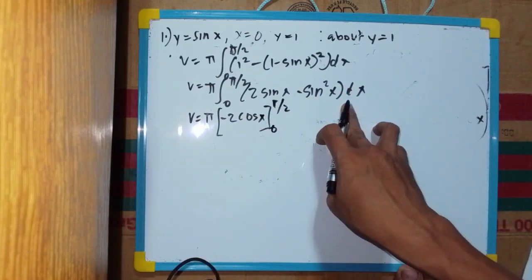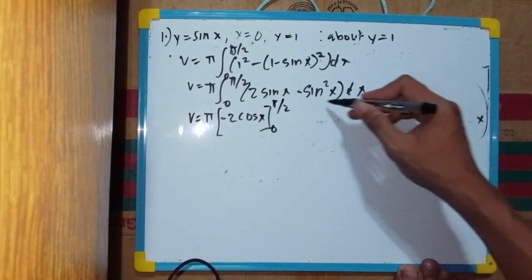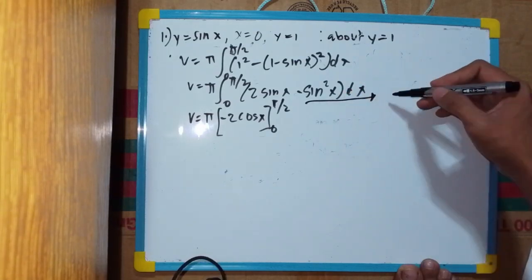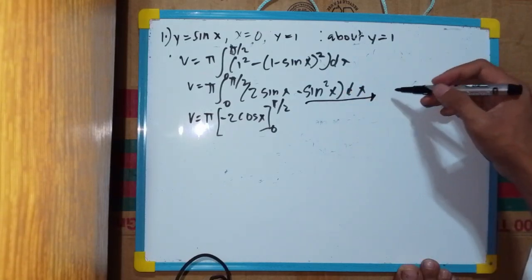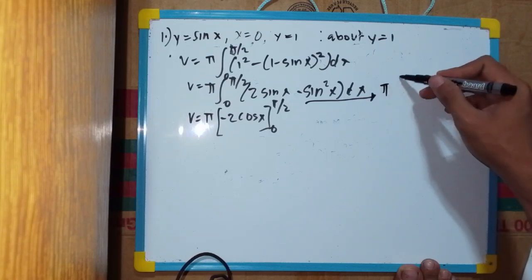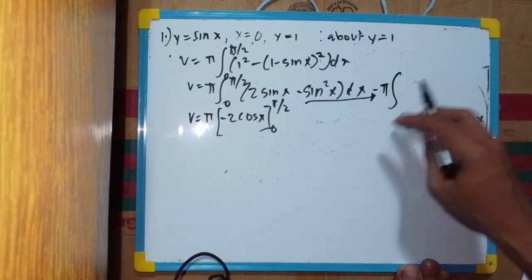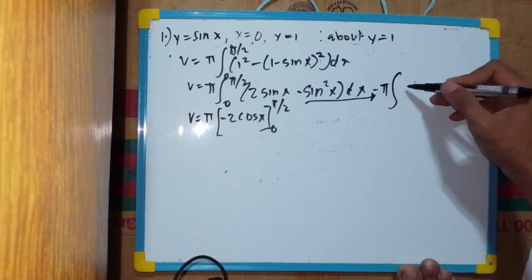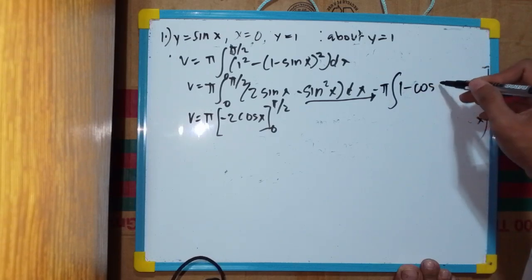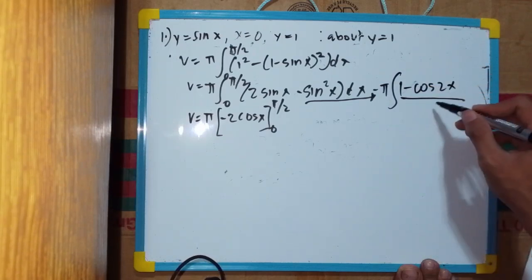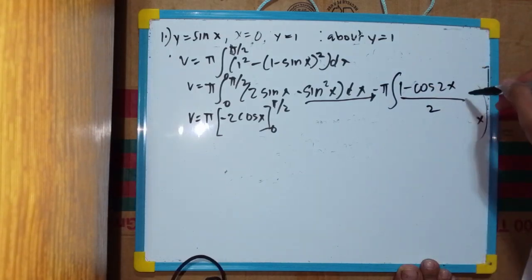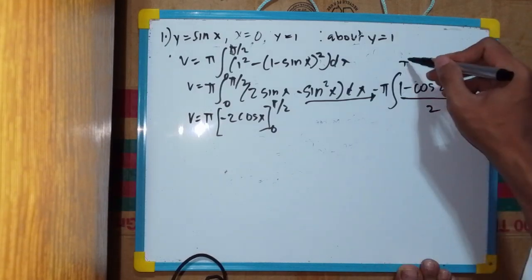And for this, we're going to use an identity. So this will become negative the integral of (1 minus cosine 2x) over 2.